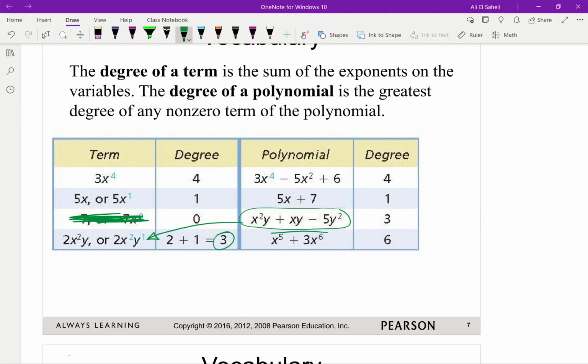Finally, we have this polynomial. Okay, you have x to the power 5, and then you have x to the power 6. So this is the leading term, the term with the largest exponent. The degree of this polynomial is 6.